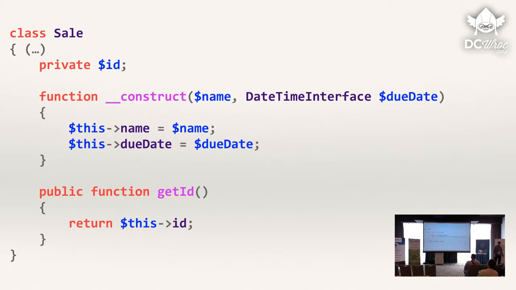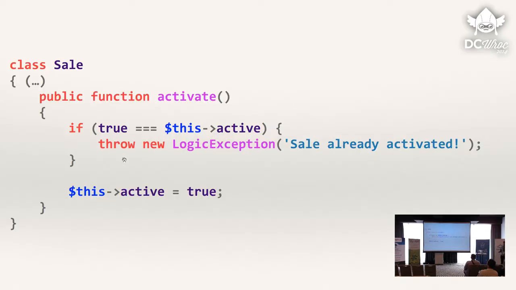But also, this sale has a behavior. It's not a dynamic entity that just transfers data between database and the user. It also has some behavior. So when we call an activate method on our sale object, actually this method will check if the sale isn't already active.